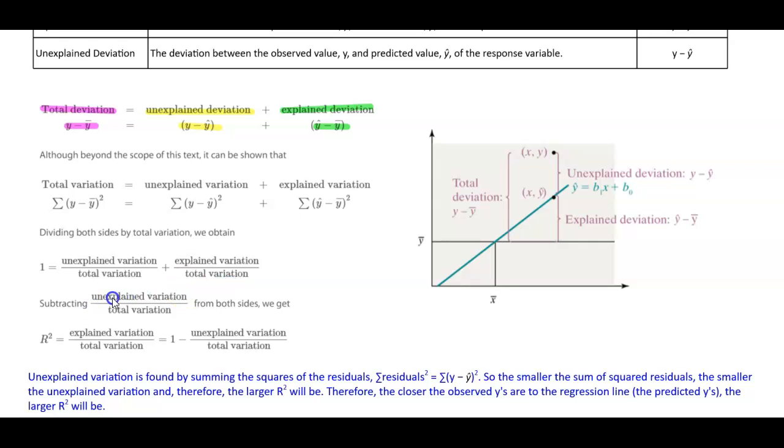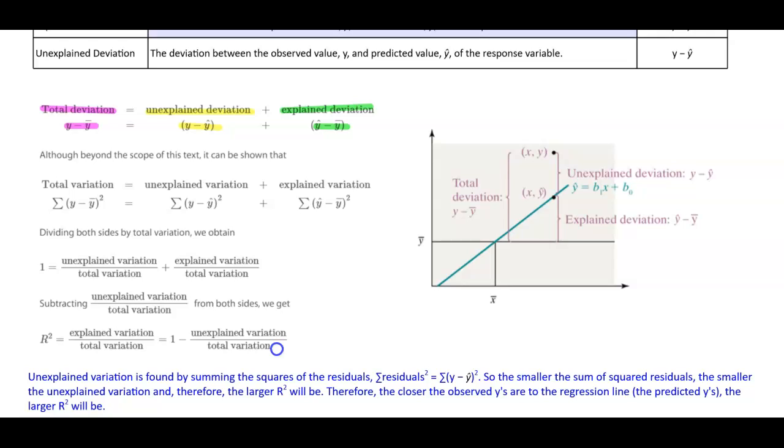And then subtracting the unexplained variation over total variation from both sides, we would get the coefficient of determination, R squared, which is equal to the explained variation over the total variation, which is equal to 1 minus the unexplained variation over the total variation.